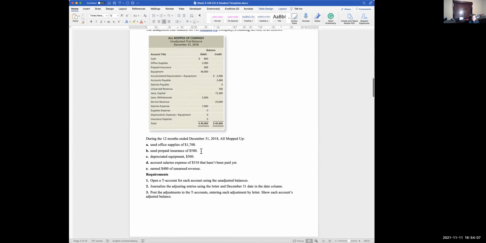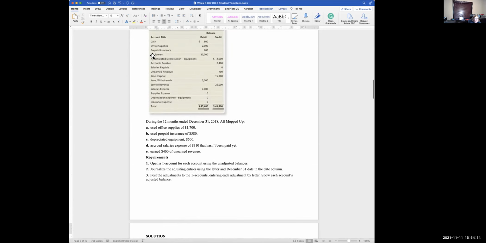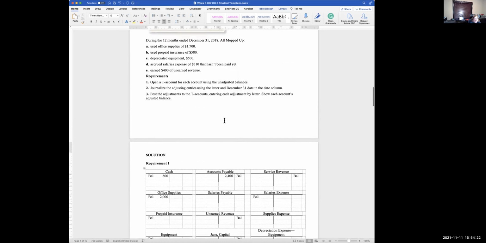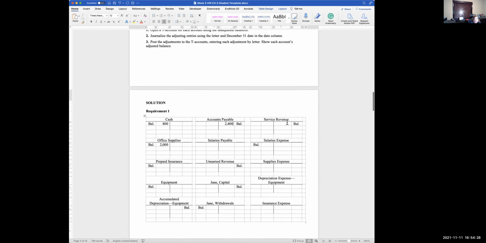Office supplies, you're going to see here, it has a debit balance of $2,000. And then here, if we look at accounts payable for $2,400, that one you're going to put on the credit side, and it has that there for you, right? And then if you see here, then we have sales service revenues for $25,000. You're going to add that here.